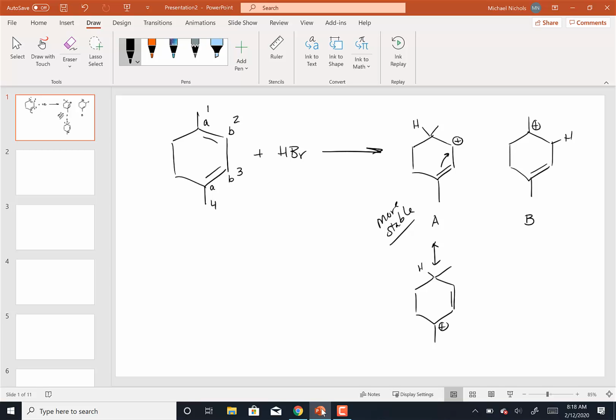It gets super messy if this was a methyl group and this was an ethyl group, because then I would get 4 different products as opposed to just 2. So I usually stick with symmetrical dienes. But the rule is you always add the electrophile to carbon 1, you always add to the end, even in this case when it kind of violates Markovnikov's rule.